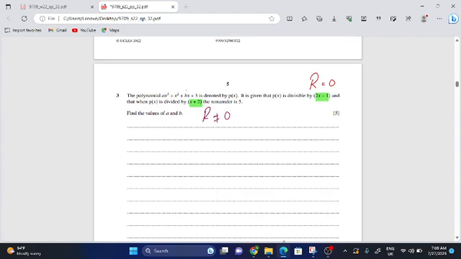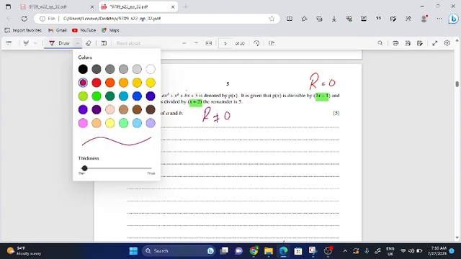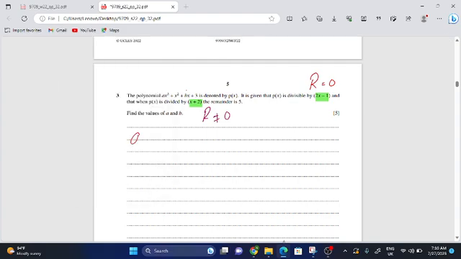So let's do it. First of all, we have p of x equals ax cube plus x square plus bx plus 3 divided by 2x minus 1, and the remainder would be 0 because this is divisible by that.